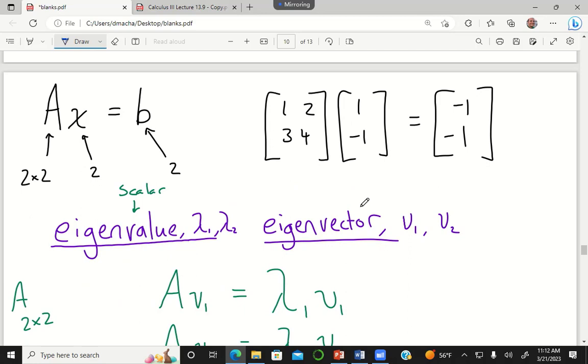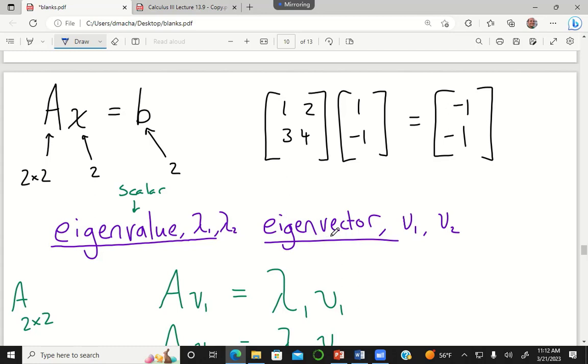So whenever you have a matrix, it's not necessarily possible for you to find the eigenvalues and eigenvectors, but it does happen with some square matrices. If it's not a square matrix, you can't do this. But if it is a square matrix, maybe you can.